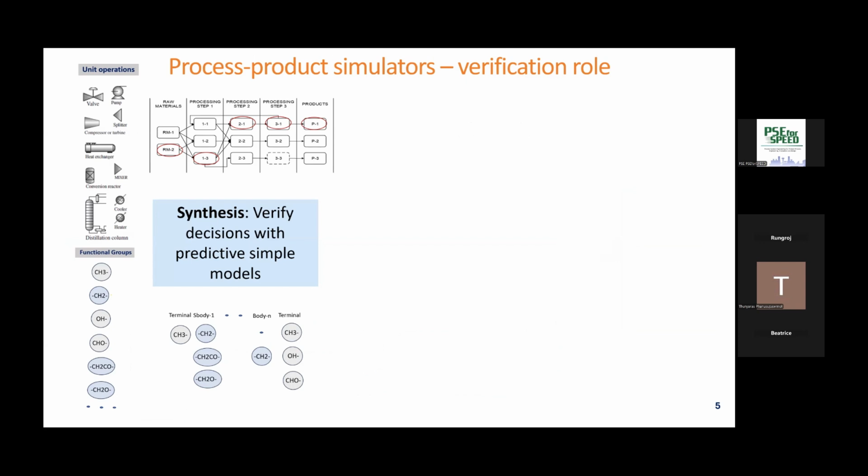A calculation of all of these is a simulator, whether we call it a process simulator or a product simulator. So what is the role of these simulators? In both cases, in the synthesis, we make a lot of decisions, and the role of the simulator is to verify whether those decisions are okay or not.